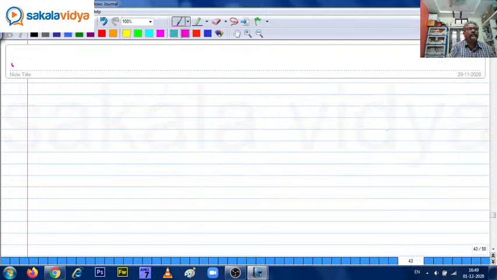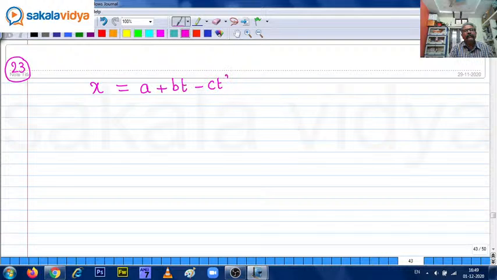The plan of action: first, find the acceleration along the x-axis; next, along the y-axis; then find the resultant, which is the acceleration at time t. Given x equals a plus bt minus ct square, first velocity is dx by dt. The rate of change of displacement is called velocity.